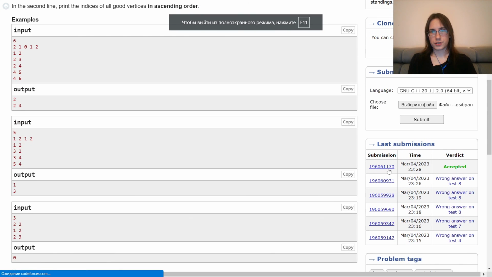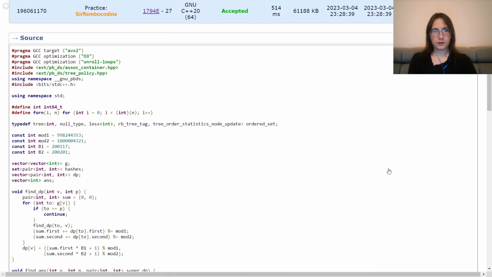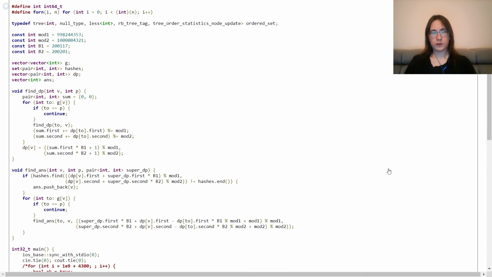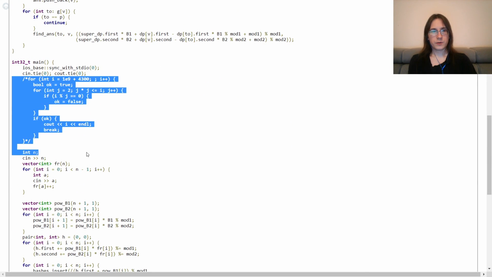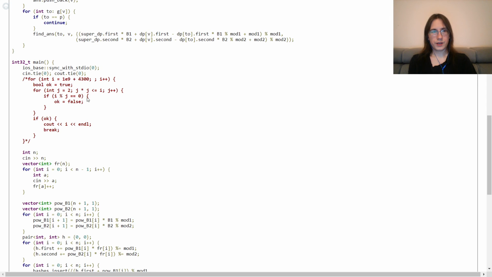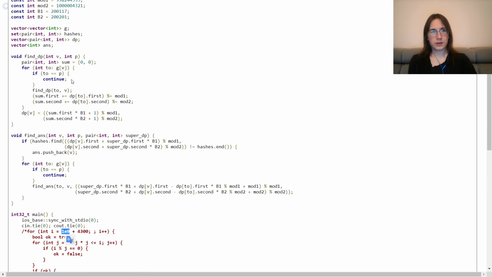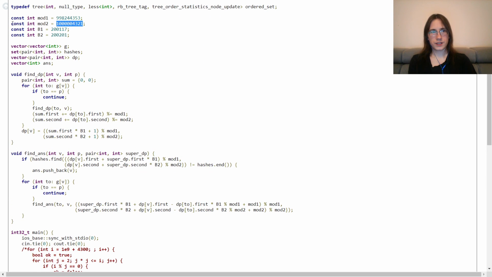Let's look at the implementation. In my implementation, I use 2 hashes, because using one hash leads to collisions and wrong answers. Let's look at main. This part was needed to find some prime number larger than 1 billion, which I used here as a second modulo for the second hash.